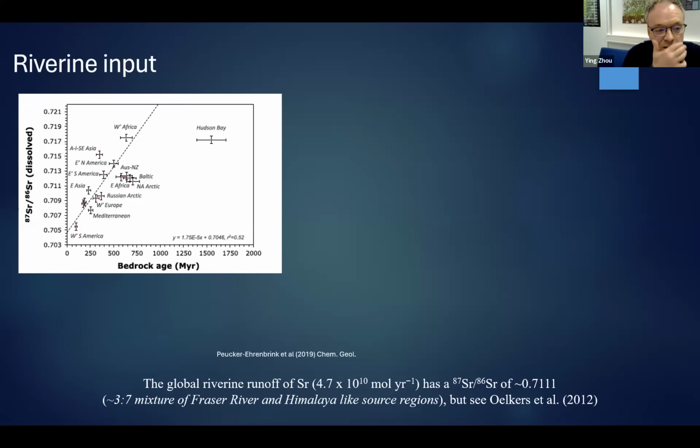And as I said, that's largely because with time, the strontium isotopic ratio will increase. So the older the rocks, the more radiogenic that dissolved input will be.